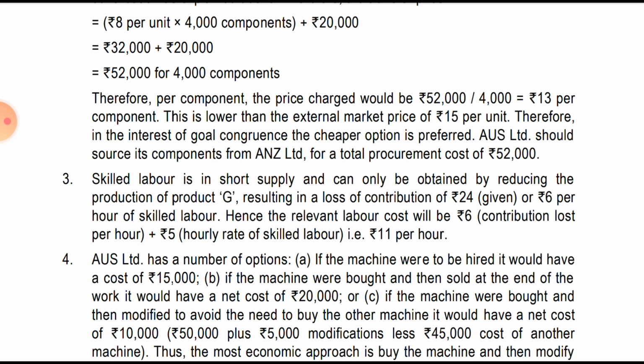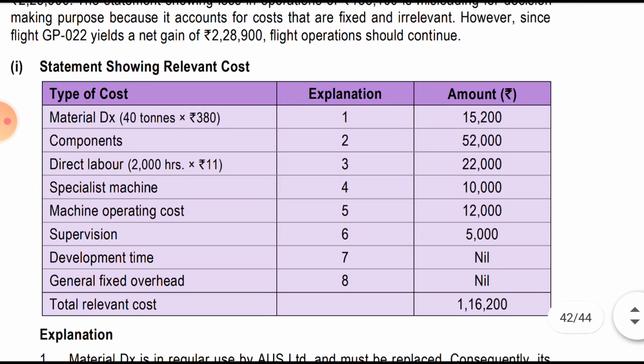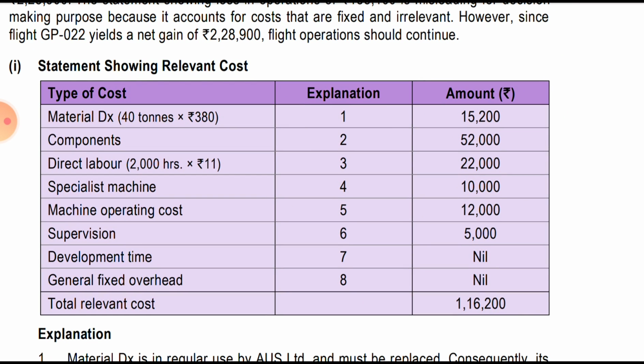Skilled labor is in short supply and can only be obtained by reducing the production of product G, resulting in a loss of contribution of 2,400, given, or 6 per hour of skilled labor. Hence the relevant labor cost will be 6 contribution lost plus 5 hourly rate of the skilled labor, that is 11. That will be multiplied by 2,000, so it will amount to 22,000. See, they are given as direct labor, 11 into 2,000 is 22,000.